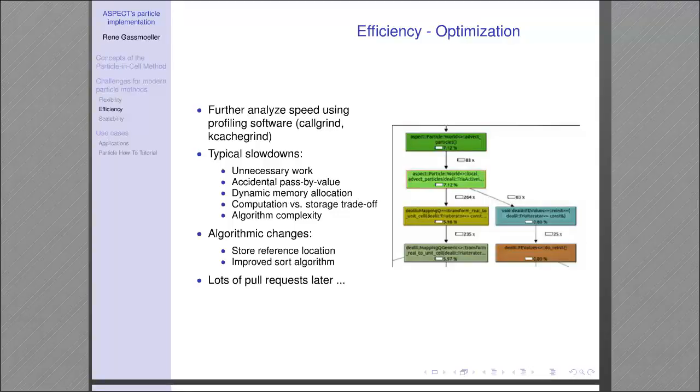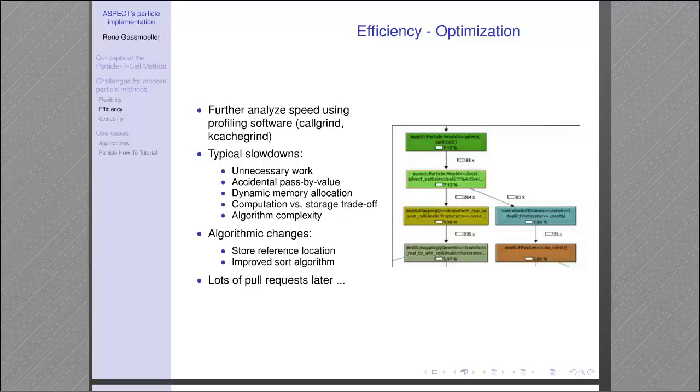Dynamic memory allocation can be very slow if you do it hundreds of thousands of times or millions of times. And oftentimes you have a trade-off between the computation of a certain property that you have to compute several times versus the time it costs to store that property and access it again after a time. All of these are more or less technical things you can improve by doing this profiling.